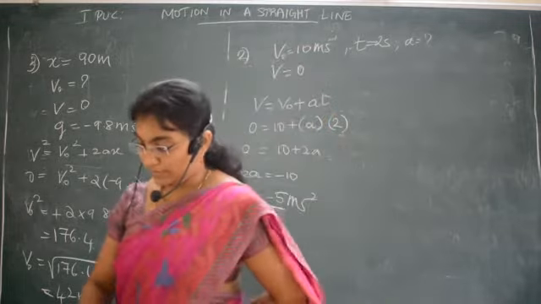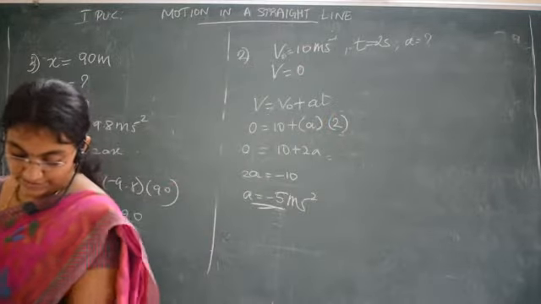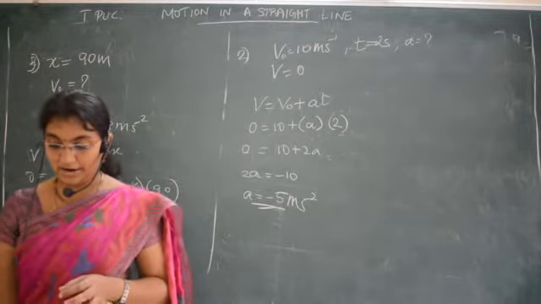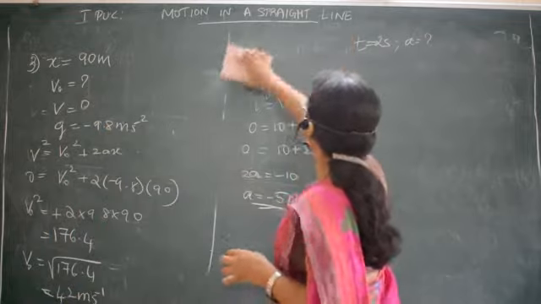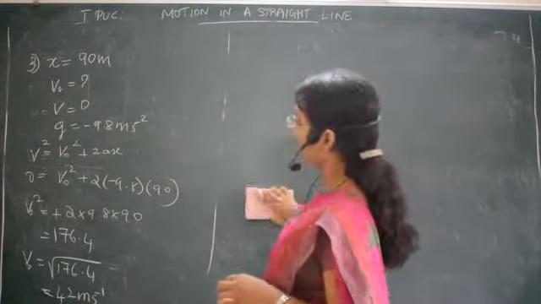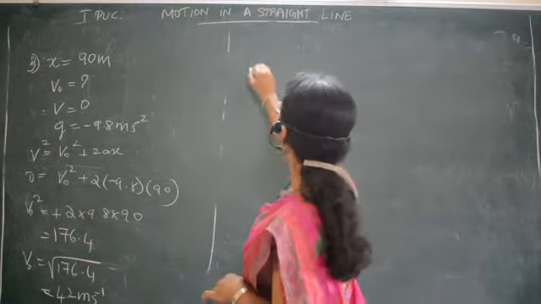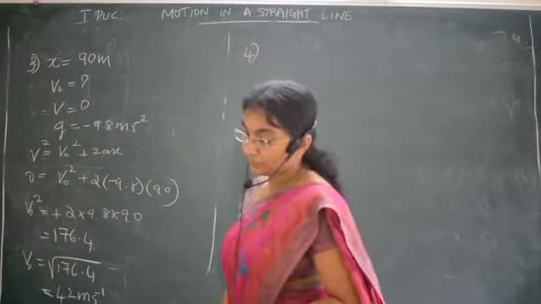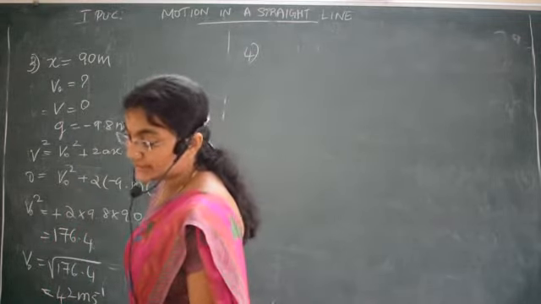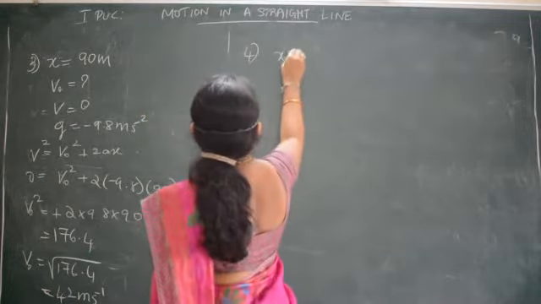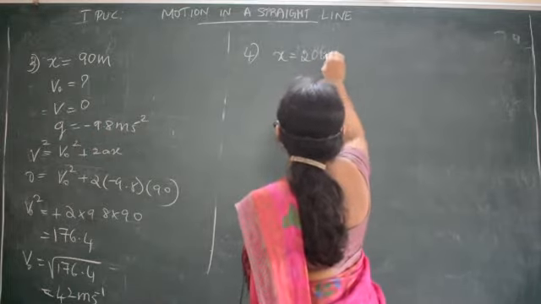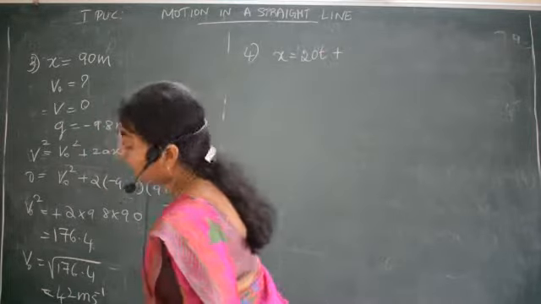Okay, the next problem. The displacement of a particle moving along the x-axis is given by x is equal to 20t plus 10t square.